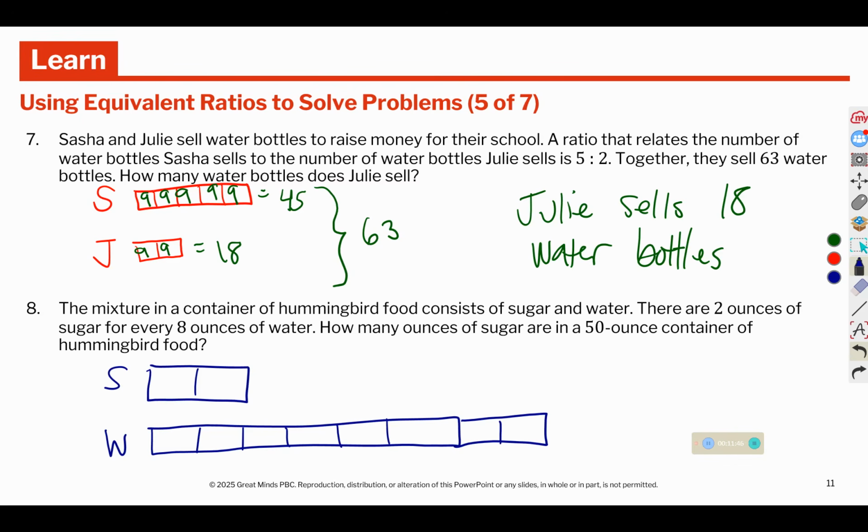And it says, how many ounces of sugar are there in a 50-ounce container of hummingbird food? So all of this together makes the hummingbird food. And that 50 is split up amongst 1, 2, 3, 4, 5, 6, 7, 8, 9, 10 boxes, which is 5 in each box.